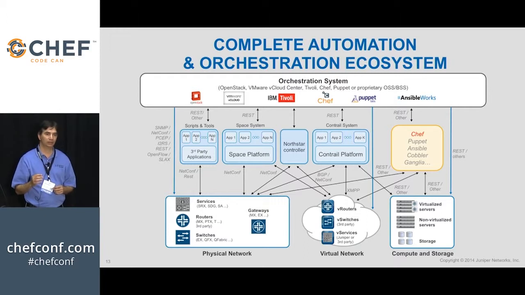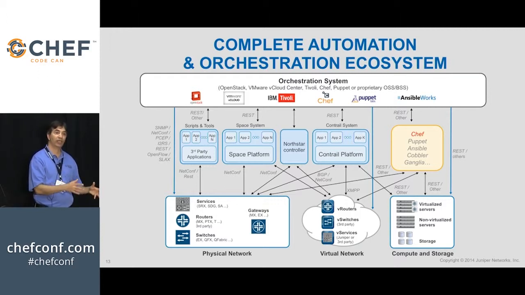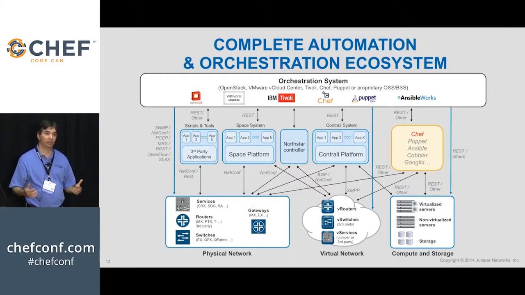Where are we seeing the most interest right now? The most interest that we are seeing is in the data center world, where, to be very frank, we are seeing a lot of requests for Chef and Puppet capabilities on our boxes. So that's where we'll see how things evolve.